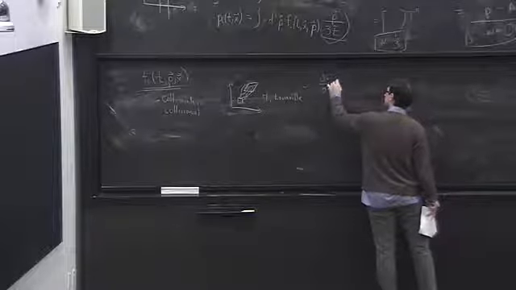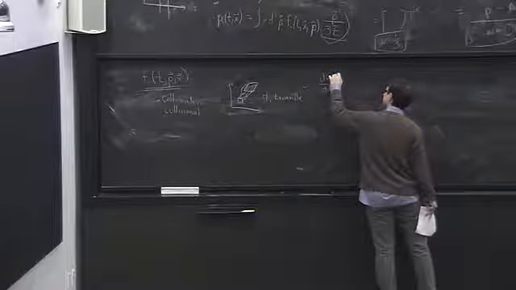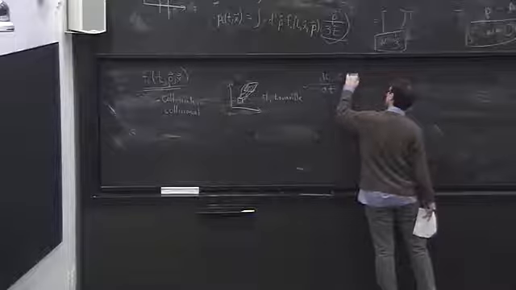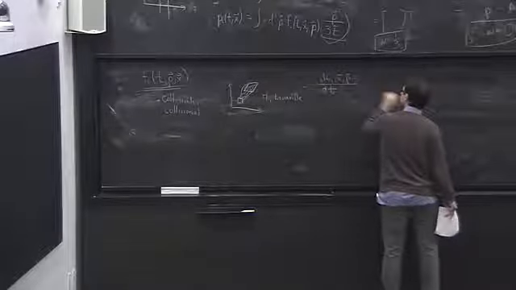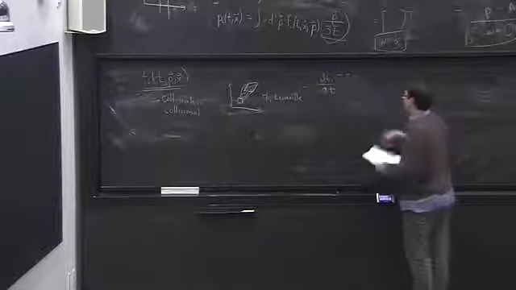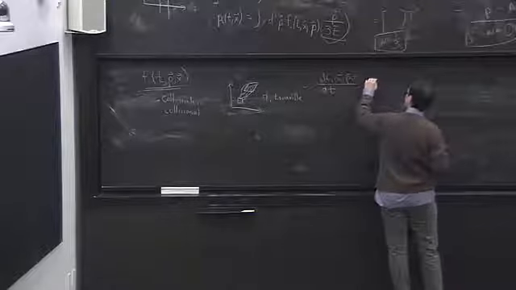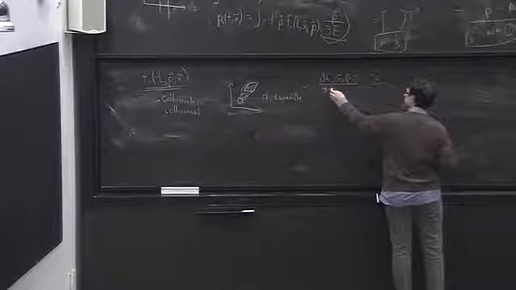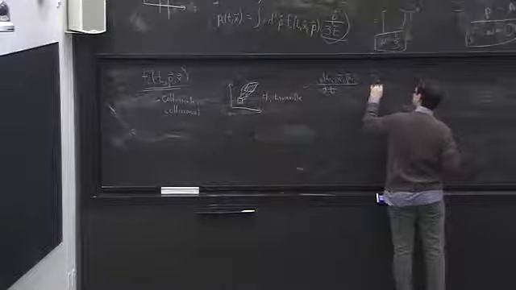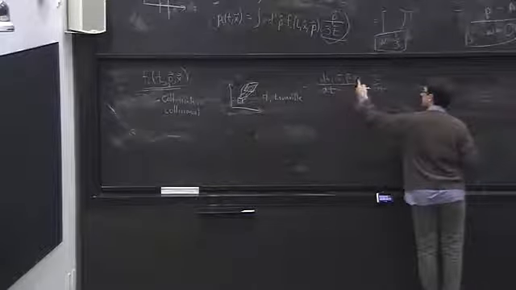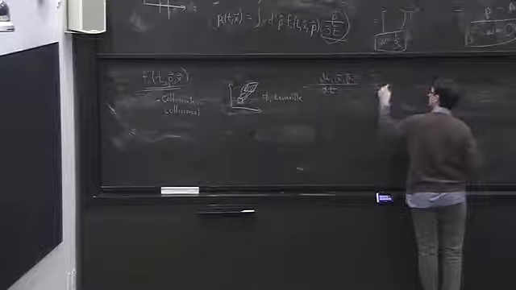So now remember, this function depends on x and p and t. And so if we just expand this out using the chain rule, there's one term from taking the derivative with respect to t.